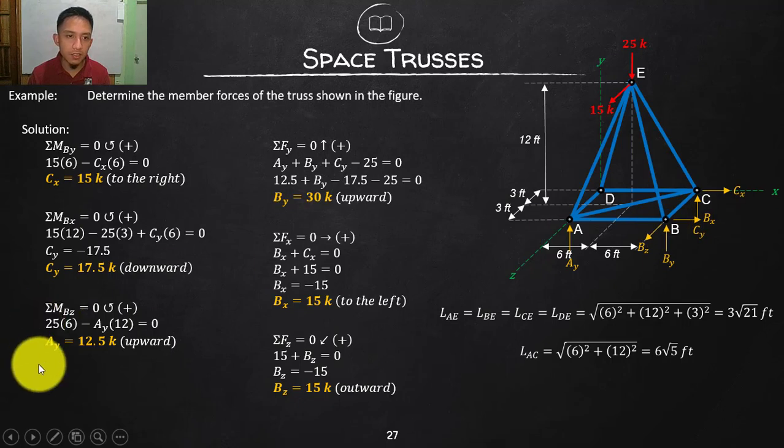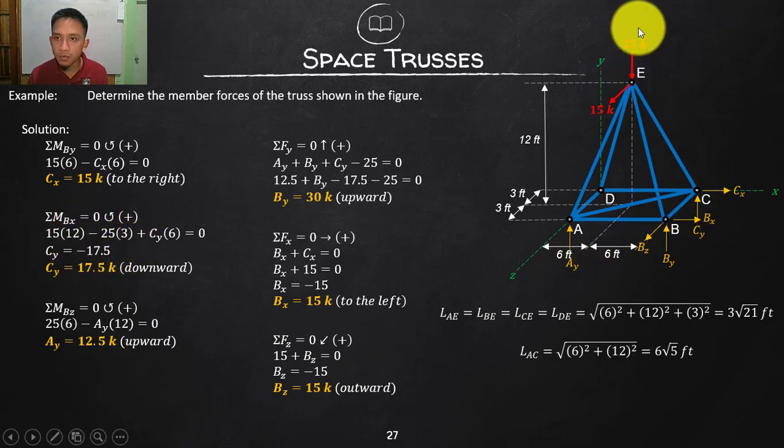You can still continue if you want to master the summation of moment. But for me, it will now be simpler to use the summation of forces since I already know the 2 vertical, so I can get the third one, which is BY. So summation vertical, going up positive. So AY, BY, CY. Okay, CY actually is calculated as downward, but I will still consider that to be going up, but we will carry the negative.